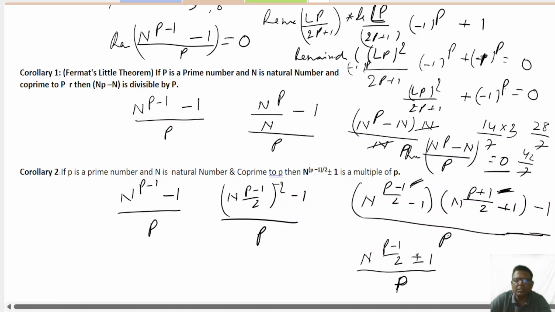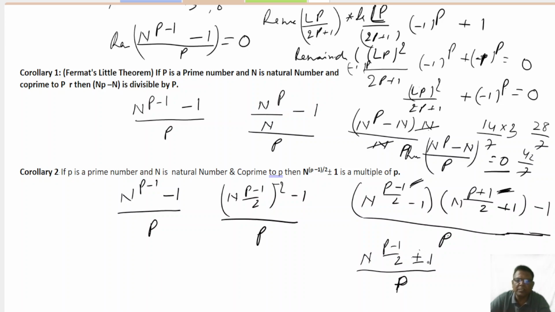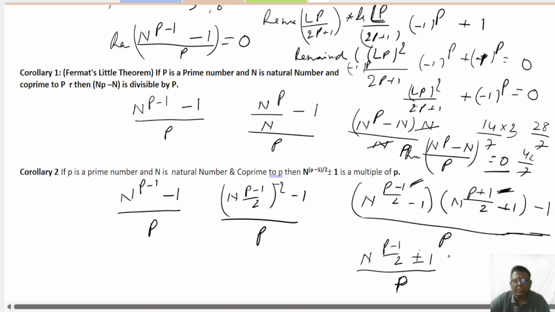So either you add 1 and see whether it's divisible, or subtract 1. You have to check, and it will be divisible by p, or the remainder of this will be 0.